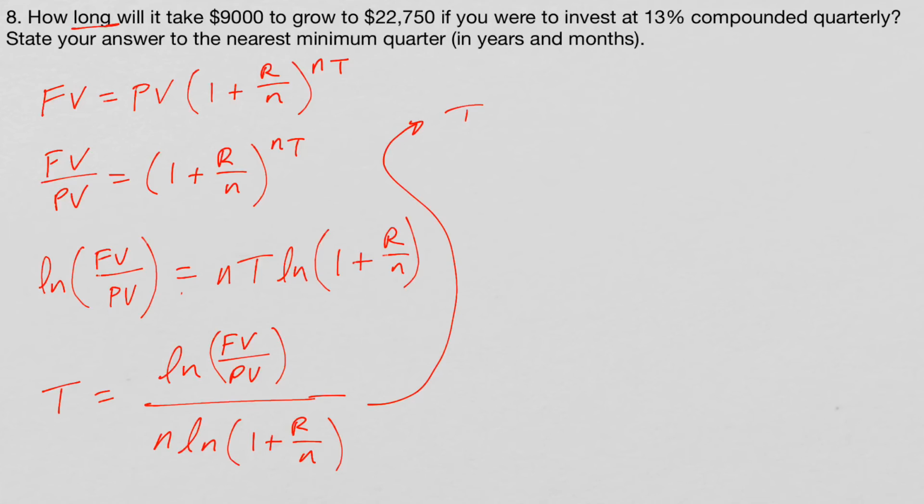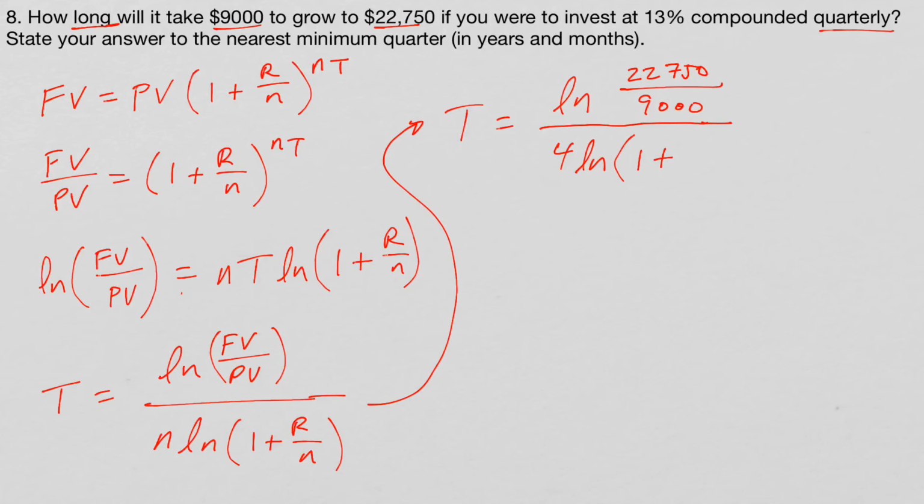Okay, so our t is equal to the log of our future value over our present value. Well, there's our future value, 22,750, over our present value, which is that, over, we're compounding quarterly, so our n is 4, and we're investing at 13%.